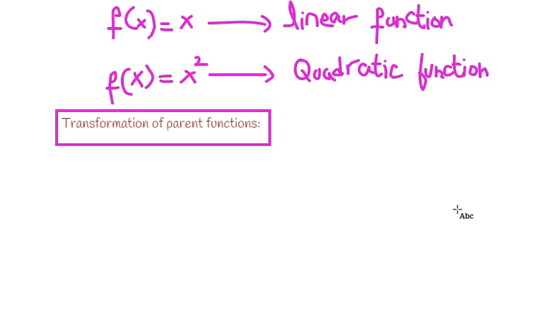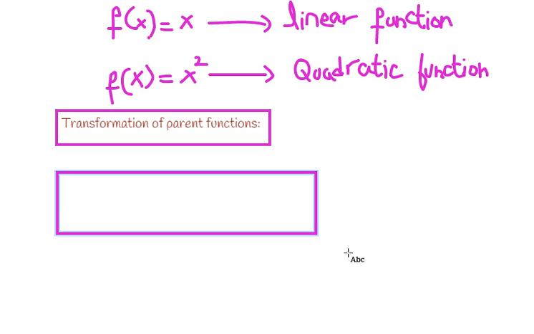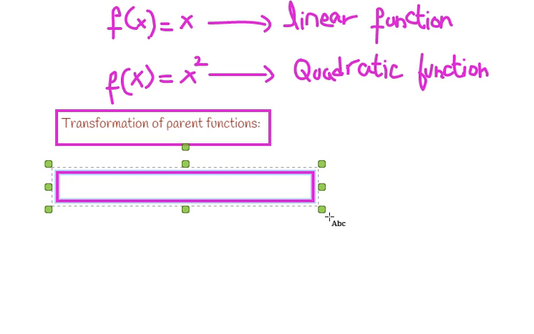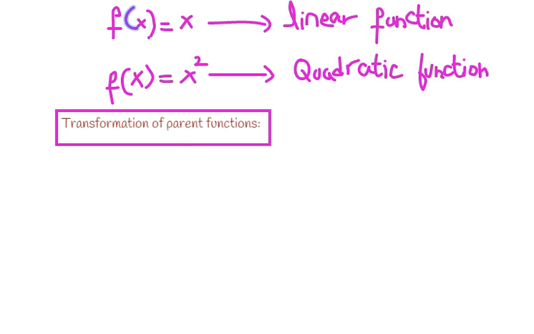Now let's take an example of a transformed function. Let's say there's a parent function which is a simple linear function, as I already mentioned at the top, f of x equal to x. To transform this function, I'll give it a different name, g of x.